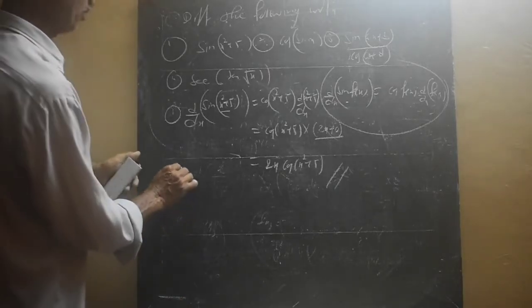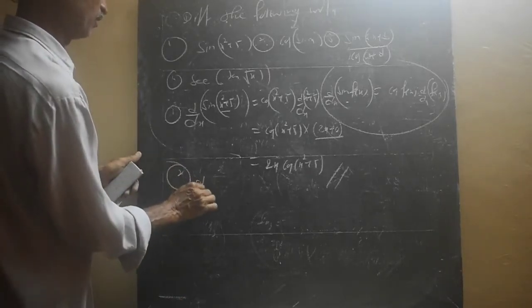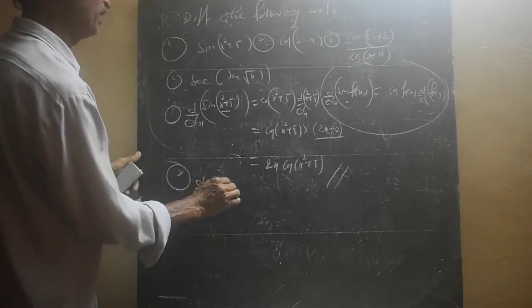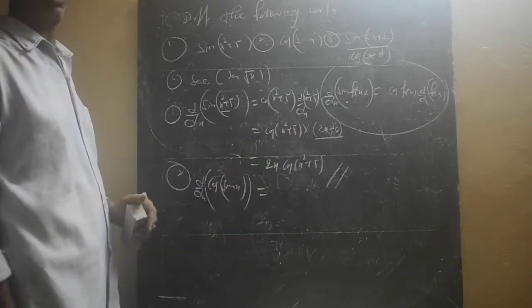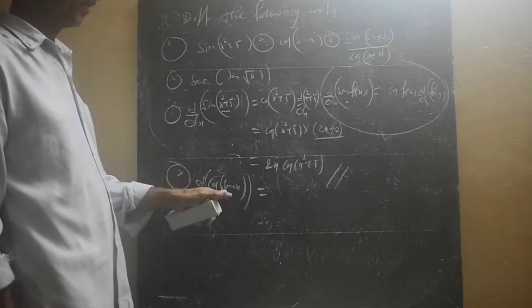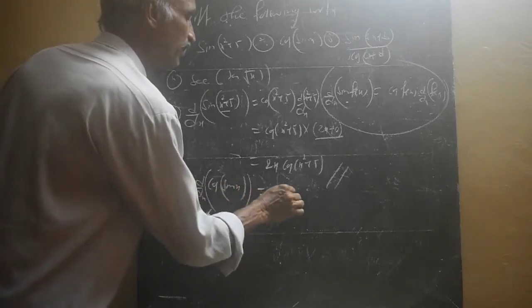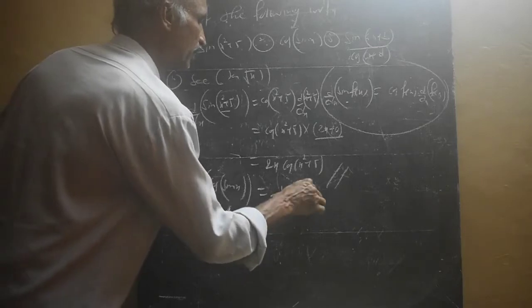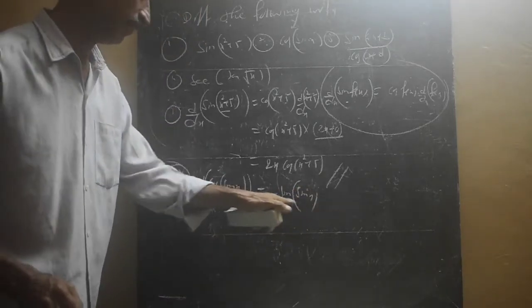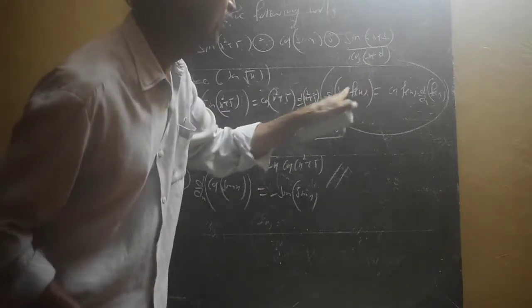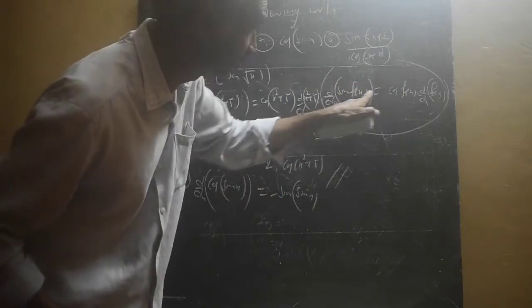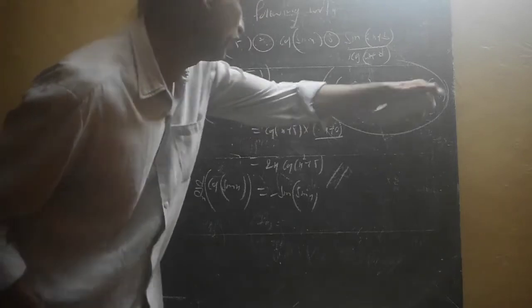Second one, cos of sin x, d by dx of cos of sin x. Tell me, it is in which form? Cos f of x. In the differentiation of cos f of x, d by dx of cos f of x is minus sin f of x, f of x remains as it is, into d by dx of f of x.